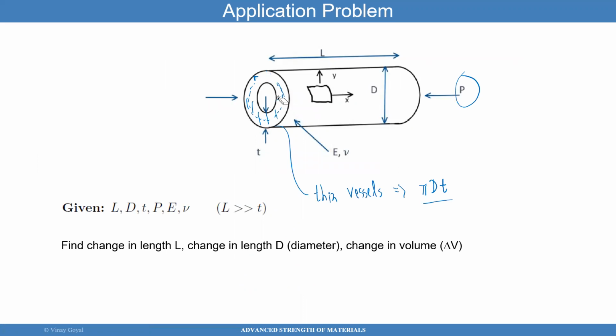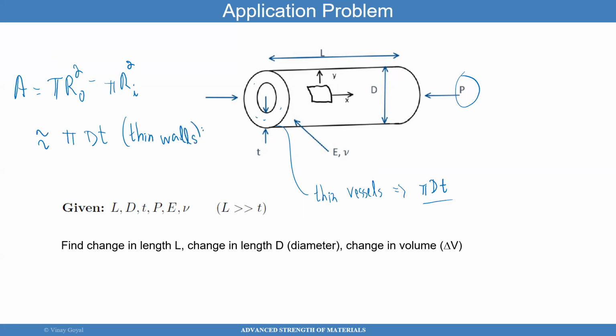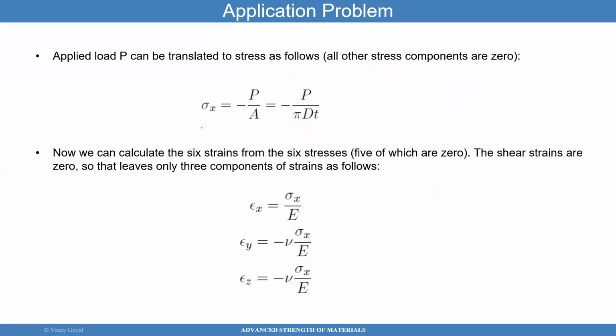And that's just an assumption that it's a thin vessel. If it's not thin, then you have to divide it by the actual area, and that's going to be just pi outer diameter squared minus pi inner diameter squared. But that area is approximately equal to pi dt for thin walls. It's kind of nice to use these simple formulas so you can do the calculation quicker.